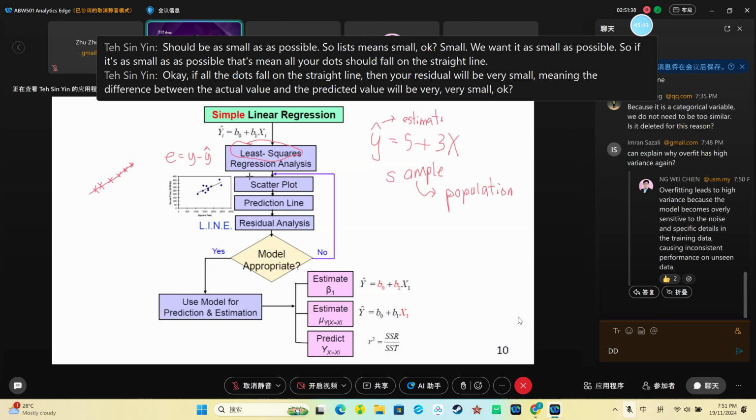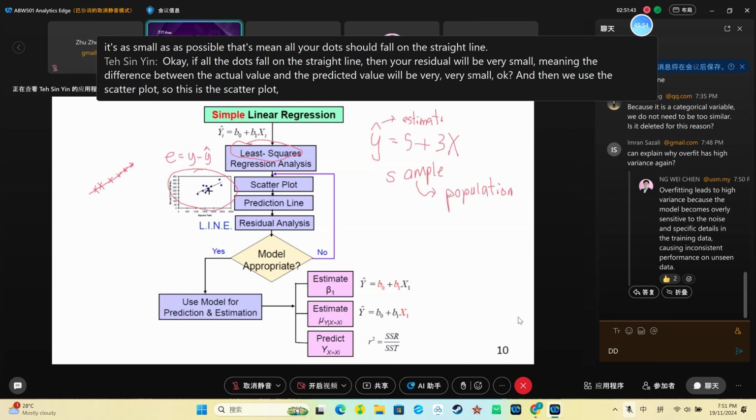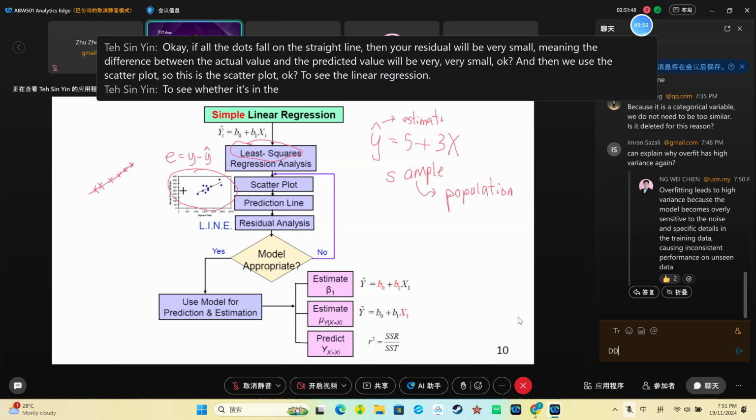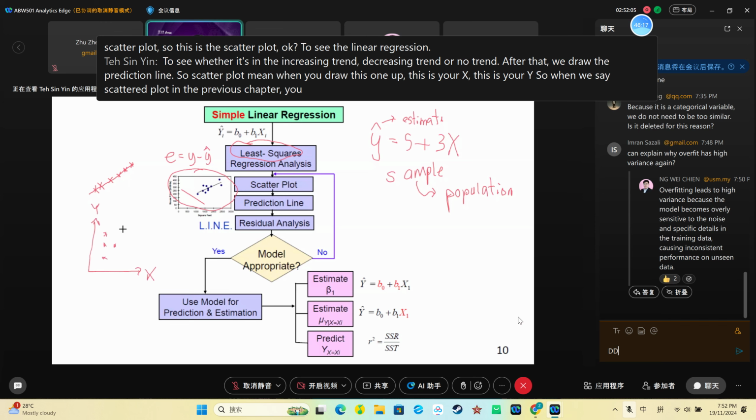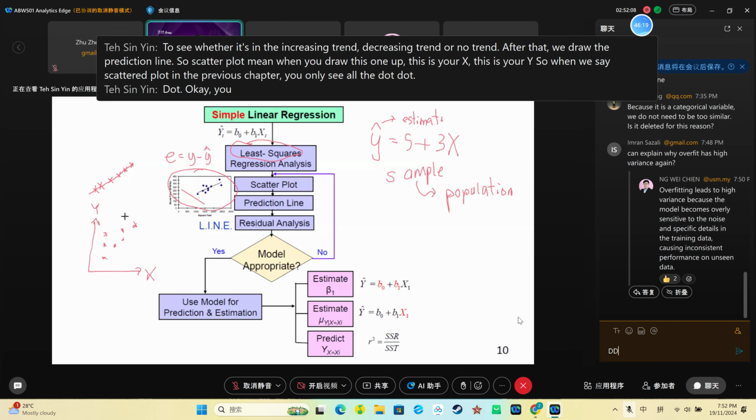Then we use the scatter plot to see whether the trend is increasing, decreasing, or no trend. After that, we draw the prediction line. Scatter plot means when you draw this, this is your X, this is your Y. In the previous chapter, you only saw all the dots. Then the prediction line is a straight line that you add.